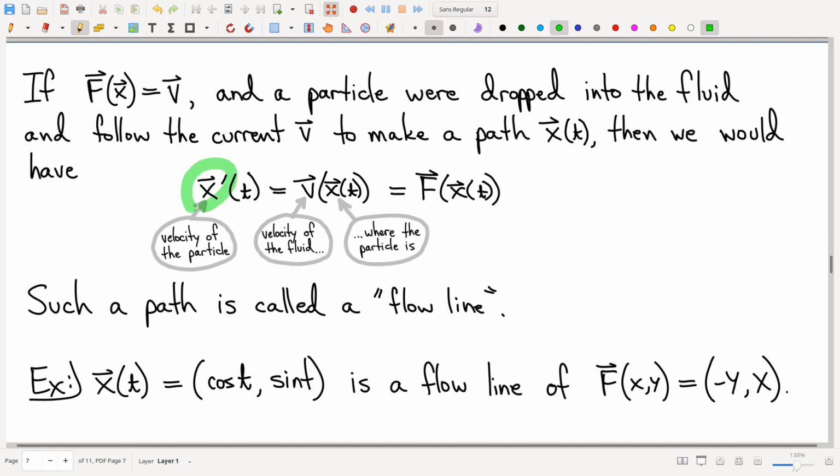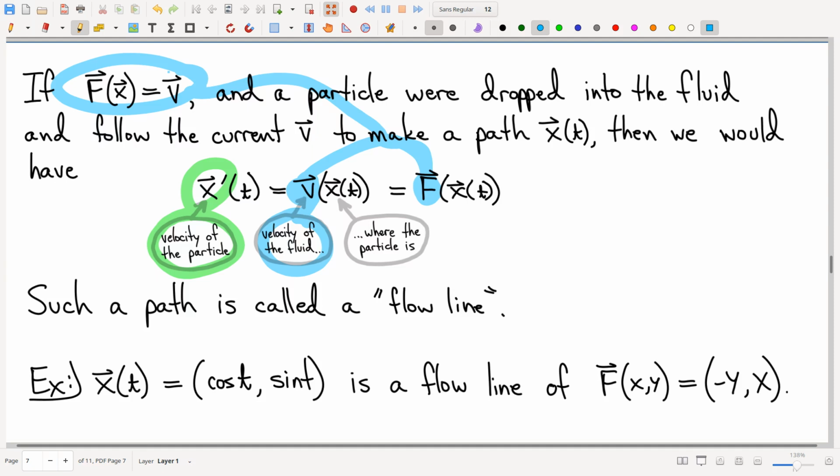If you want to know what the velocity of the particle is, what direction and with what speed is the particle moving, well, the velocity of the particle is equal to the velocity of the fluid, right? I mean, that's what, as we discussed, the particle sitting there in the water, if the water is flowing, so is the particle. It's going right along with the water. So the velocity of the particle is equal to the velocity of the fluid.